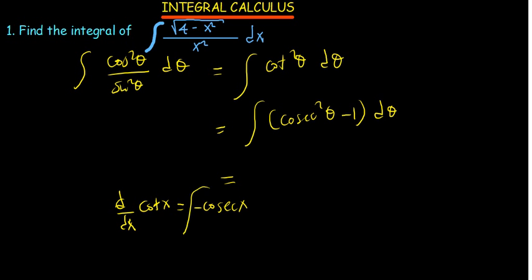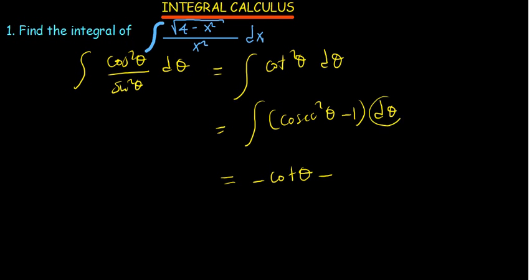That means if we integrate cosec squared, we are going to get a cot. Differentiation and integration are simply inverses. So because it's positive cosec squared, we are going to get a negative cot theta. And then what else do we have? We've got the integral of 1. Because we're integrating with respect to theta, that is going to be theta. And then we've got plus a constant c, a constant of integration.